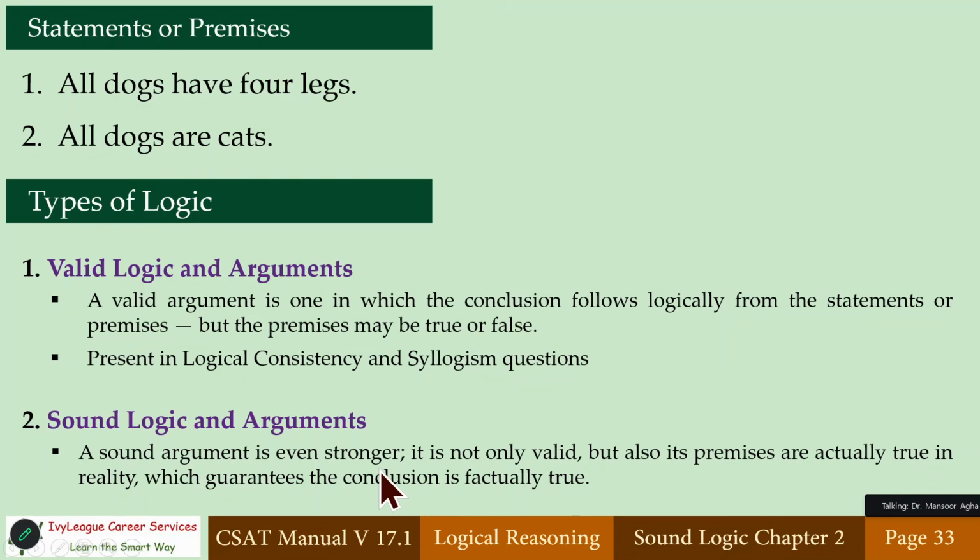Sound logic arguments would use only statements of the first type, which are factually correct, which are true statements. It will not use statements of the second type. These are the questions in which the statement or premise has to be true. As a result, the words true or false in the language of the question are an indication that the question is based upon sound logic.